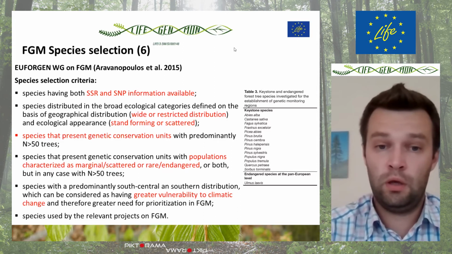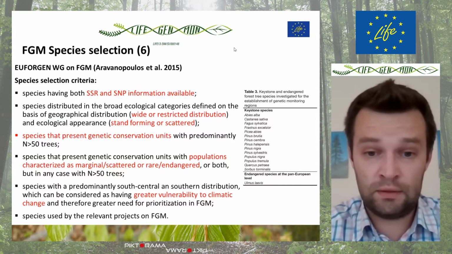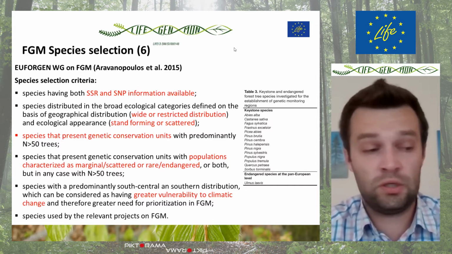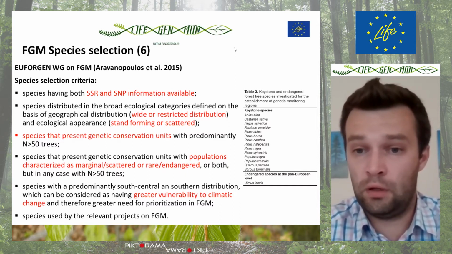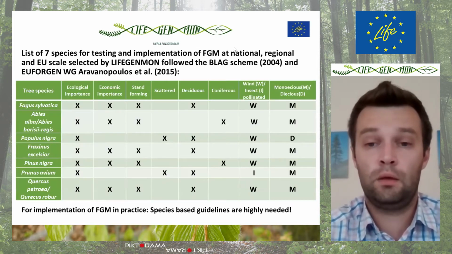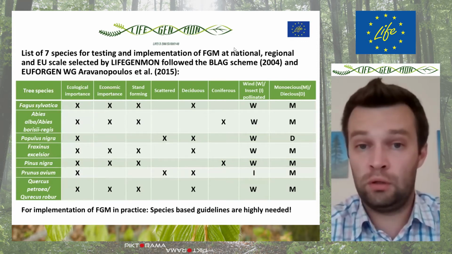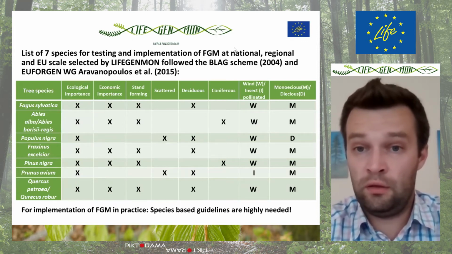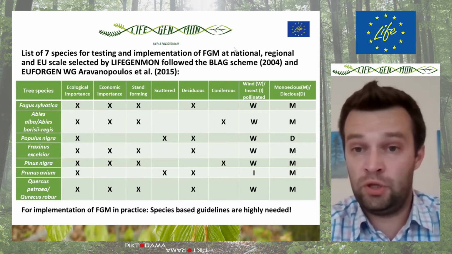So therefore, again, they evaluated 15 tree species, and out of those, they selected several for genetic monitoring. This is an overview of 7 LIFEGENMON target tree species, and the assessment was based on all previously mentioned characteristics.